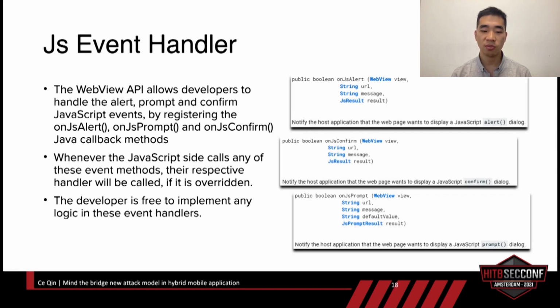Whenever the JavaScript side calls any of these event methods, their respective handler will be called if it is overridden. The developer is free to implement any logic in this event handler.